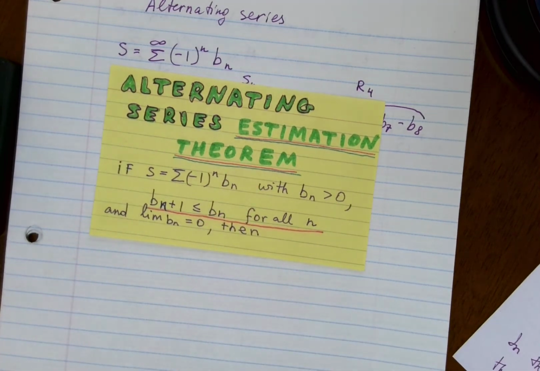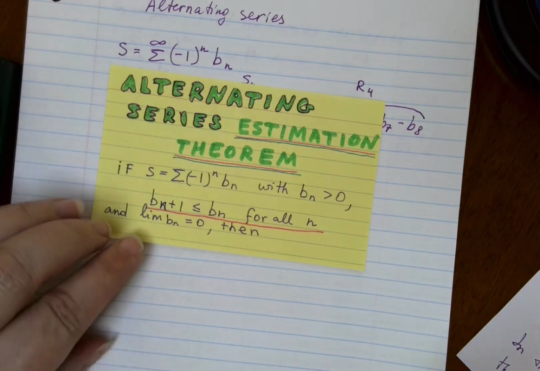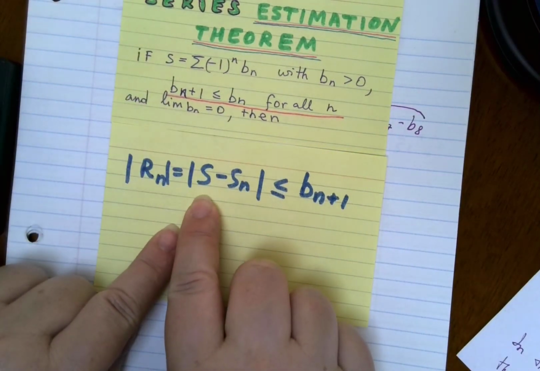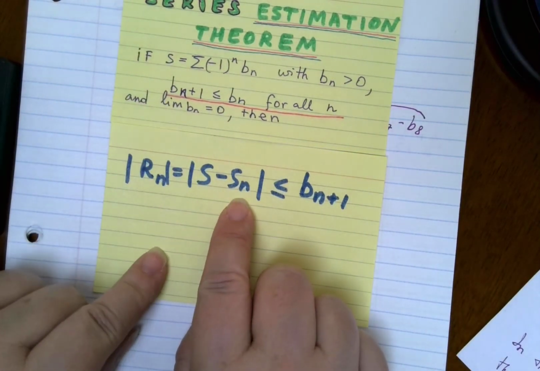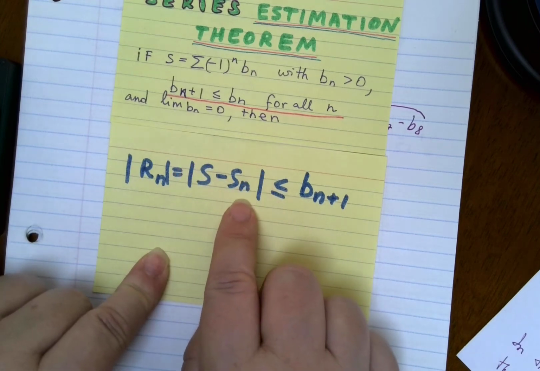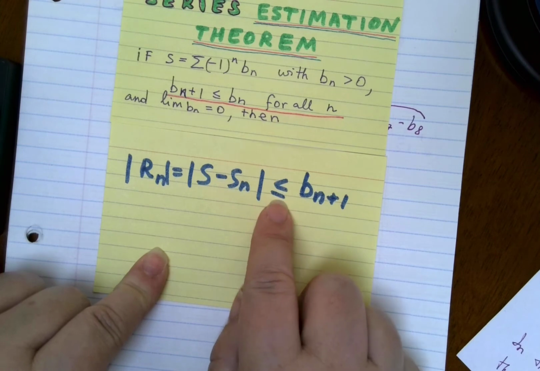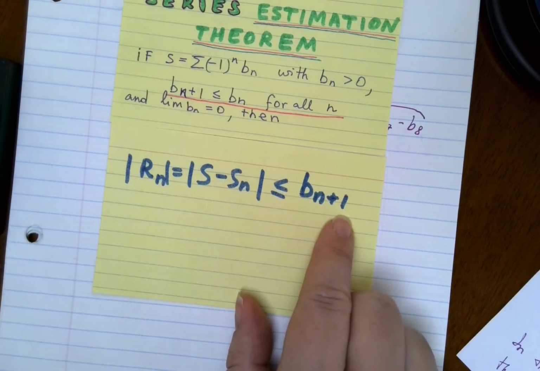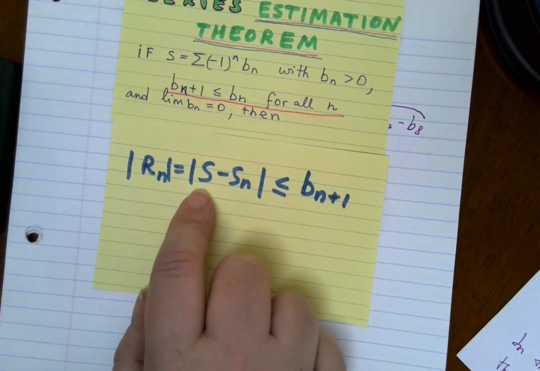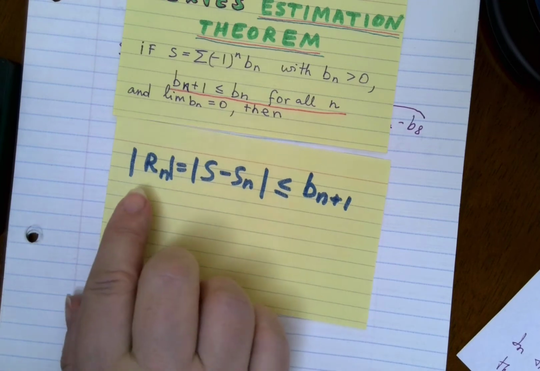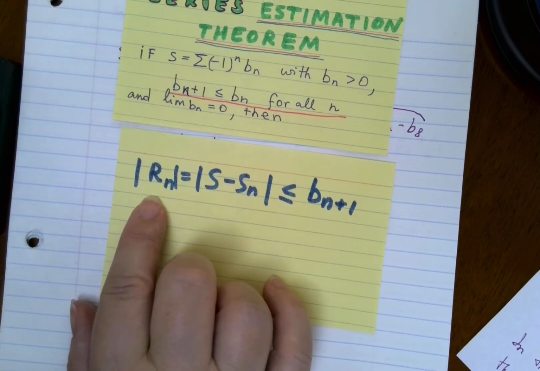alternating series. Then if we want to estimate the true value of the sum by Sn, we know that the error of this estimation will be less than or equal to B sub n plus 1. And by the way, the absolute value of S minus S sub n will be exactly R sub n, right?